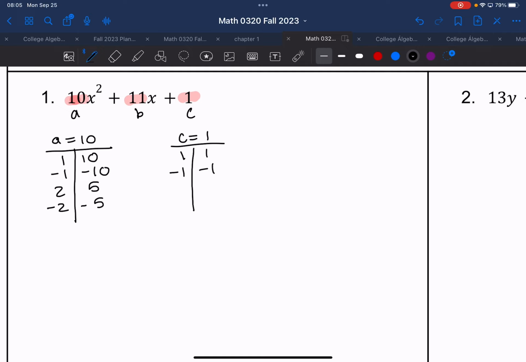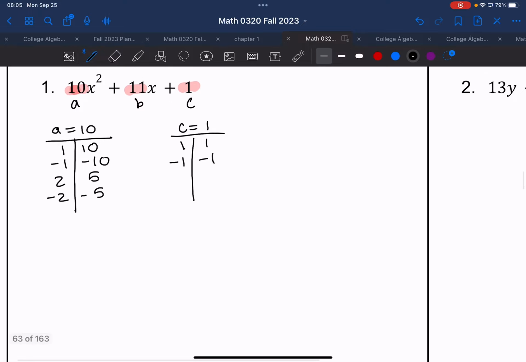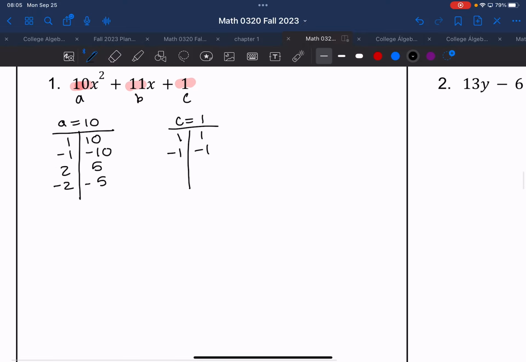So what we're going to do with all these numbers is create our parentheses, our factors with each of these terms. So remember, we are writing this, let me rewrite this over here, as our A values and then our C values.